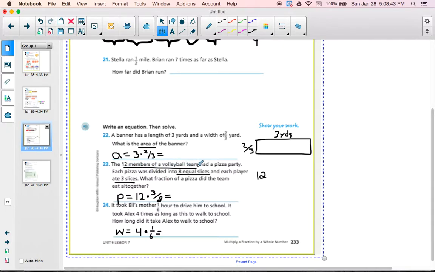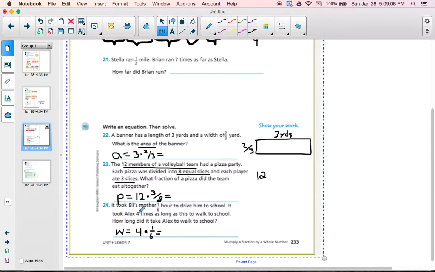12 members of a volleyball team had a pizza party. Each pizza was divided into 8 equal slices, and each player ate 3 slices. Each player, there was 12 of them, ate 3/8 of the pizza. What fraction of the pizza did the team eat altogether? So the equation is, okay, P equals 12 times 3/8.